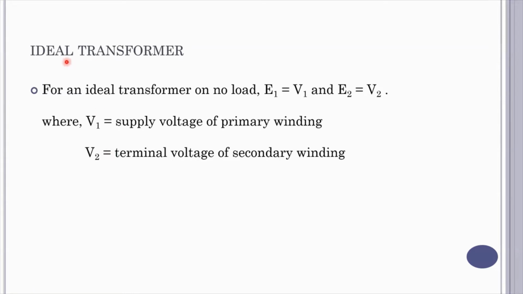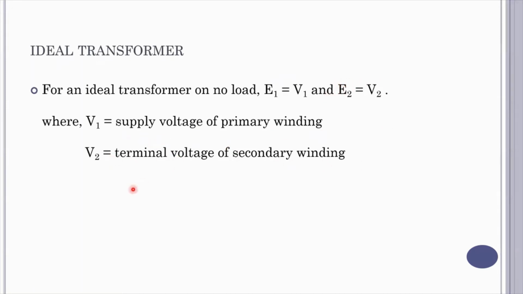And when we talk about an ideal transformer, if V1 is the voltage that is supplied to the primary, the induced value of voltage along the primary will be equal to the supply voltage of the primary, and the same holds good for the secondary winding also.